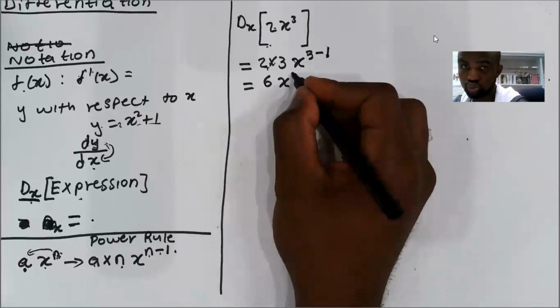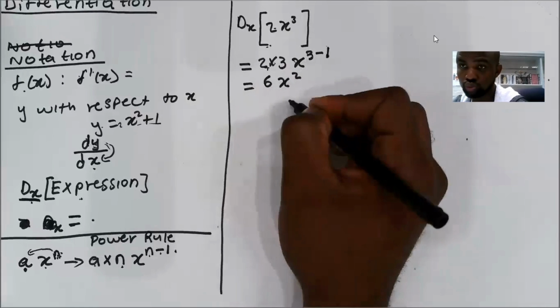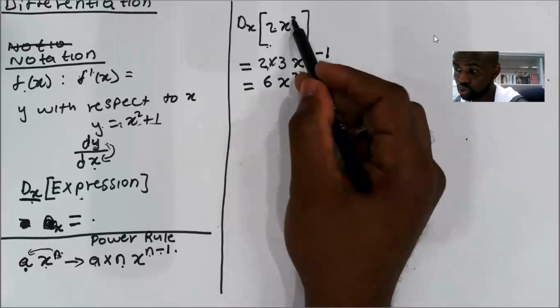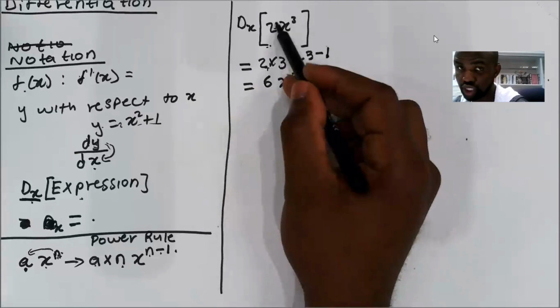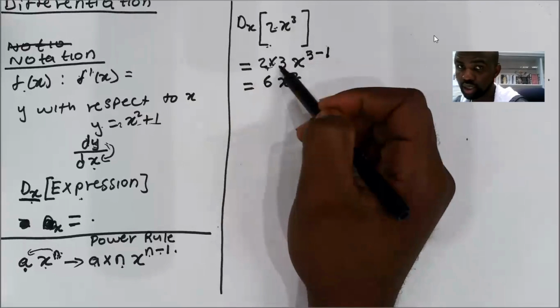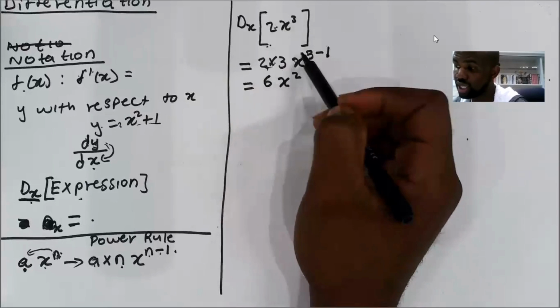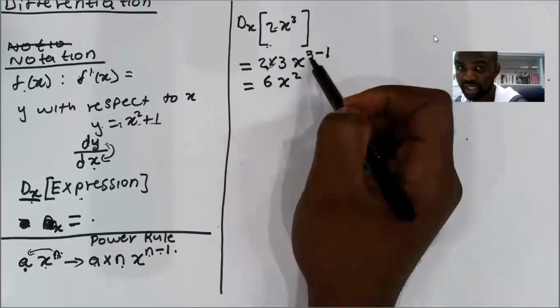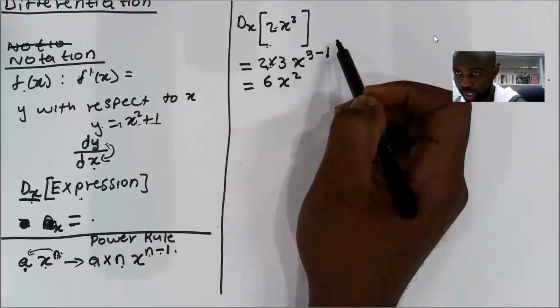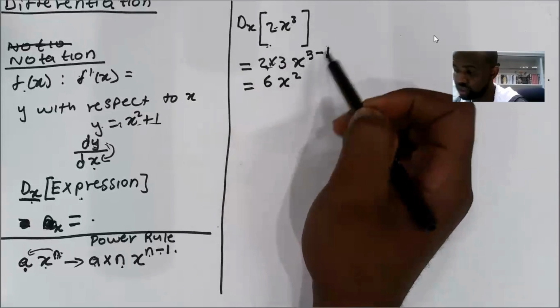It's 2. I hope you understand. Start with the exponent too, times the coefficient, which is 2 times 3. Then the exponent, we are minusing it by 1. Then we simplify it, we get it like this.